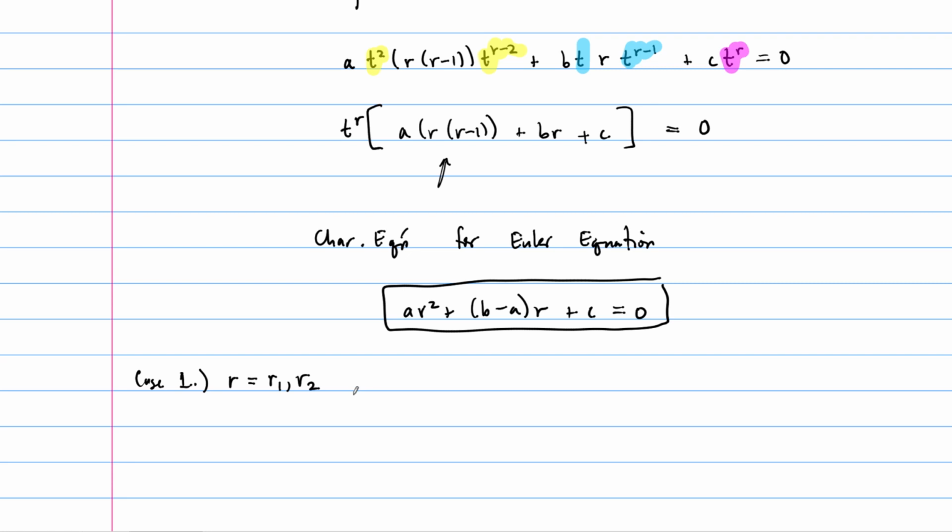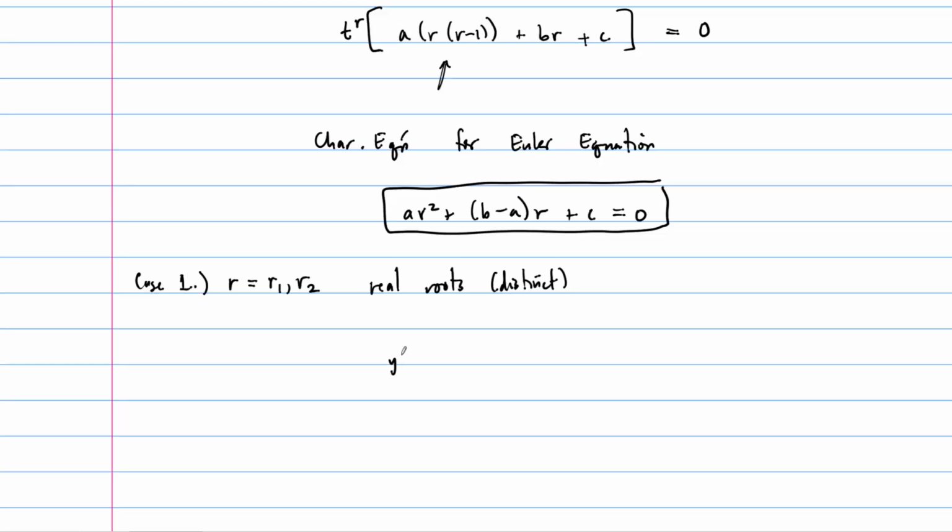If this is two distinct real roots, then the general solution is just going to be y equals c1 t to the r1 plus c2 t to the r2. All right, that's it. A linear combination of those two. So you should check, by the way, that t to the r1 and t to the r2.